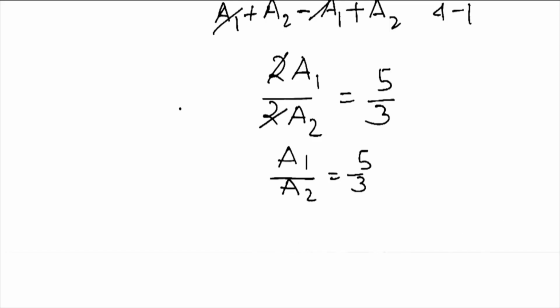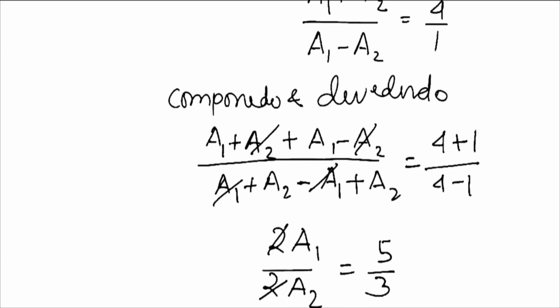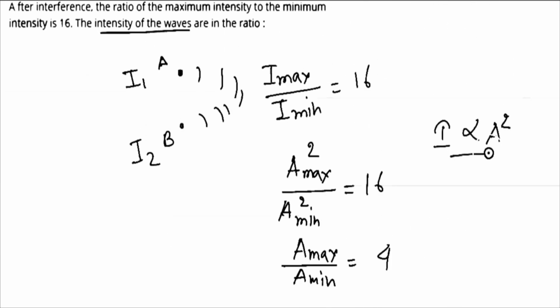Now we need to find A1 square by A2 square, because we know that intensity is directly proportional to the square of the amplitude.